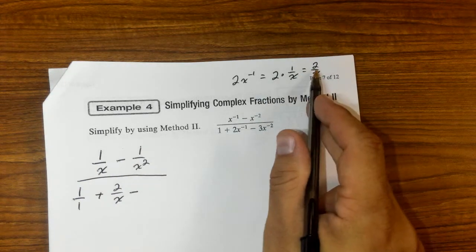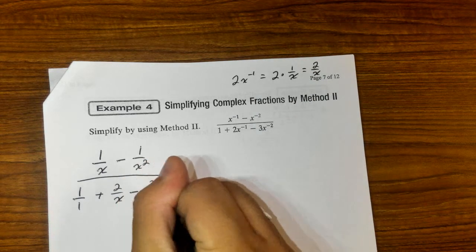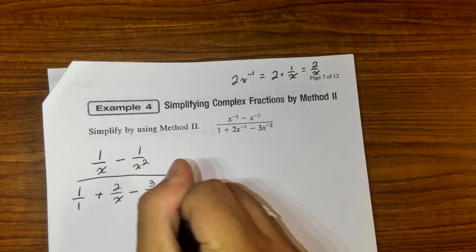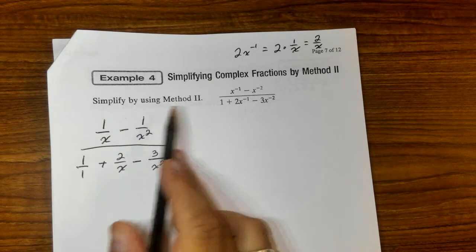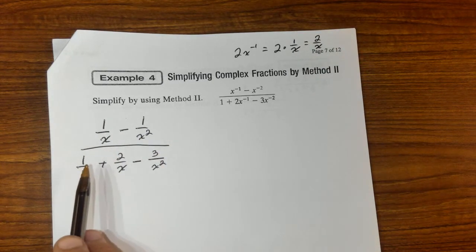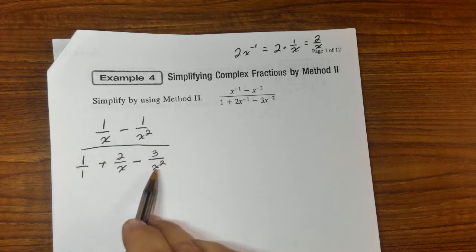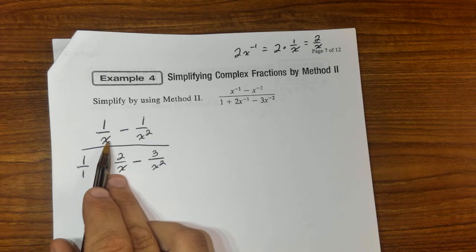So we're going to follow the same pattern here. It's going to be 3 over x squared. So now method 2 says we need to find the LCD, looking at all the individual fractions. So here it's only x.